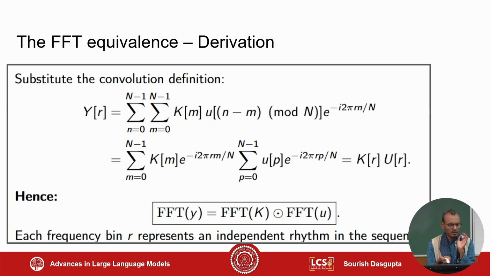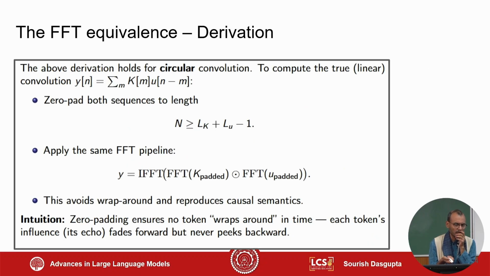It's quite a simple derivation. It's just that since FFT is circular in nature, you have to break the circle by adding some padding so that you make it causal. Why? Because the standard FFT will also look ahead. A causal language model cannot look ahead, right? It should not see the upcoming words.